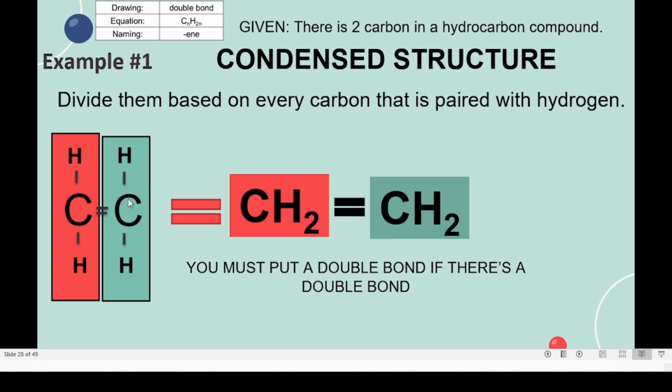So after the double bond, count the number of carbons. 1, so C, and then H, and since it also has two, therefore we're going to put 2 here. So this is the condensed structure of ethene. Yes. Okay.